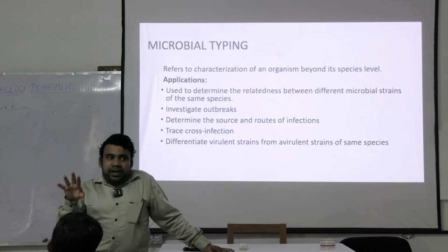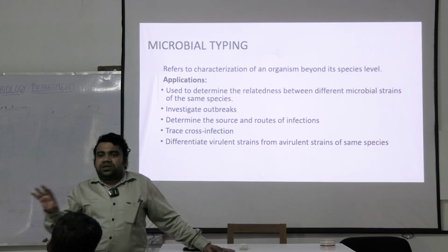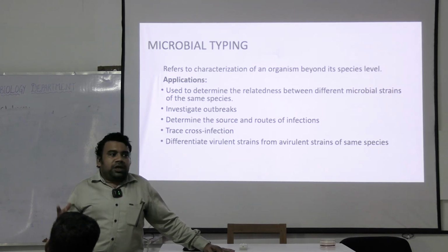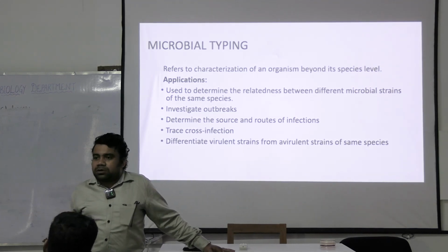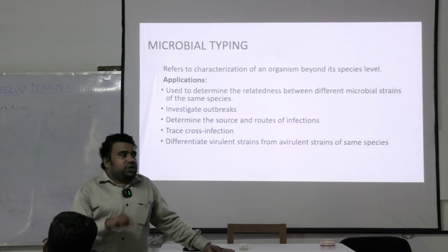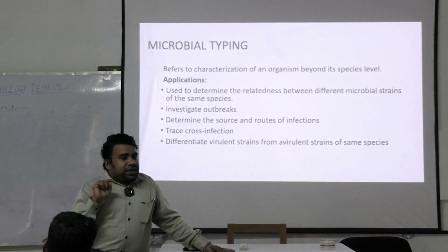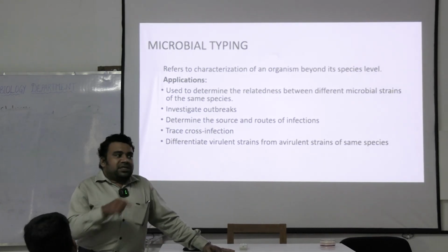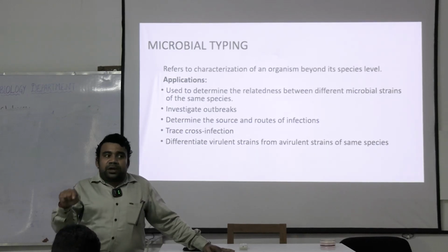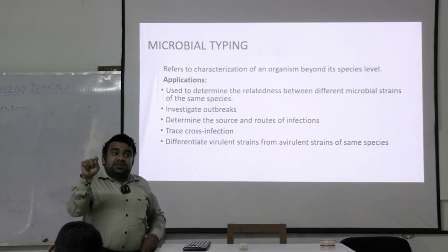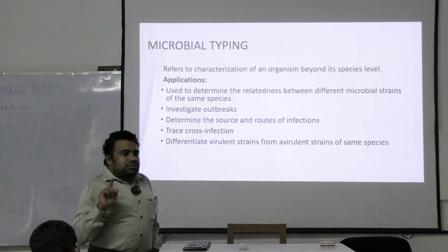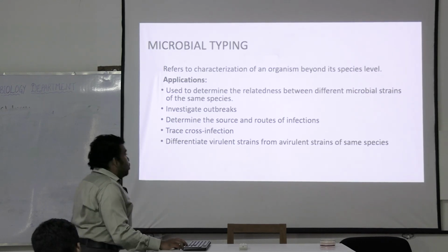So if I get 3 patients who are all infected with Klebsiella, how will I know whether it is the same strain or not? Then we need to type it. And if after typing it comes as the same strain, then we can say this outbreak is caused by this particular strain of Klebsiella. So this is called typing.